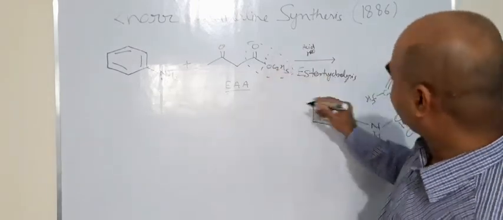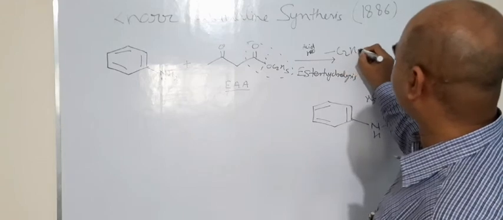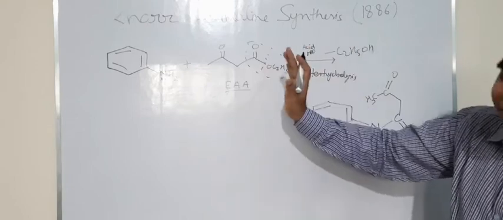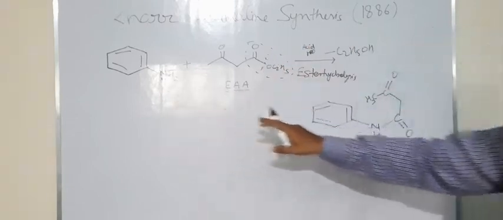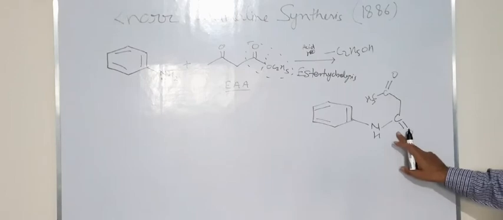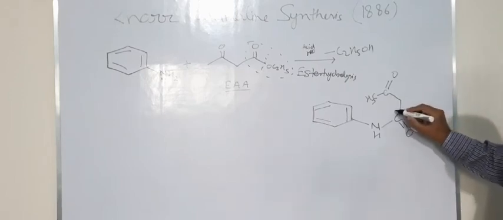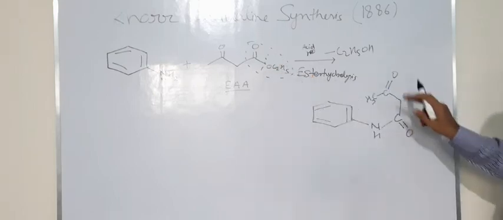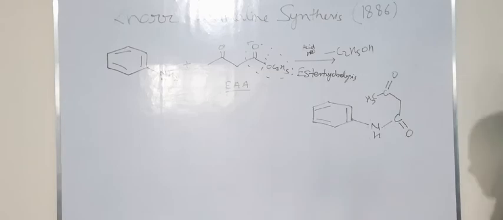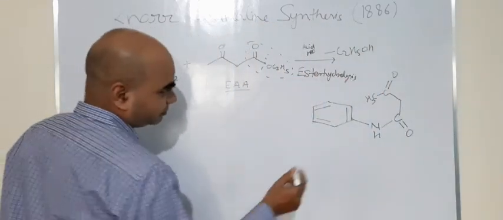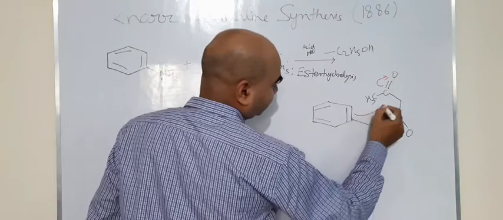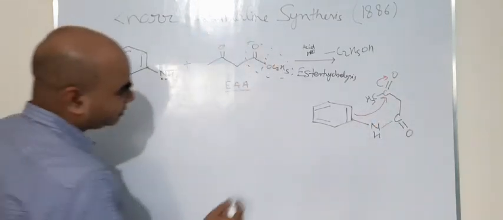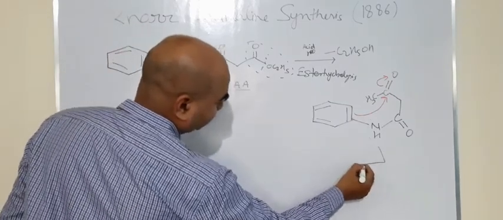Just minus C2H5OH. This part is removed from the molecule by ester hydrolysis, and then again the acid is combining with the amine to form the amide. So we have an amide linkage in place of this ester, and here one carbonyl. Now this carbonyl will undergo 1,2 addition to form the product.